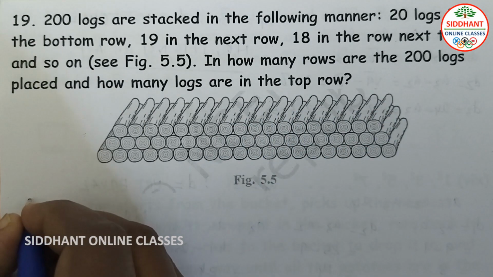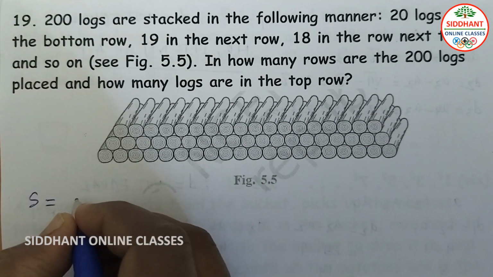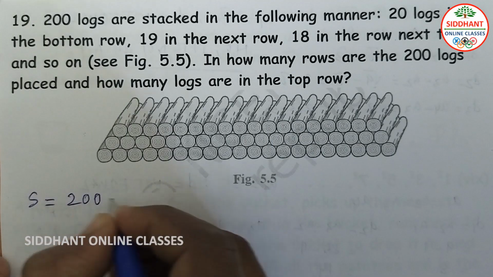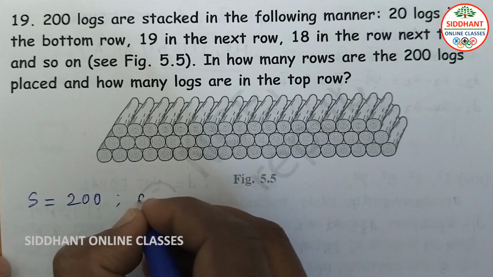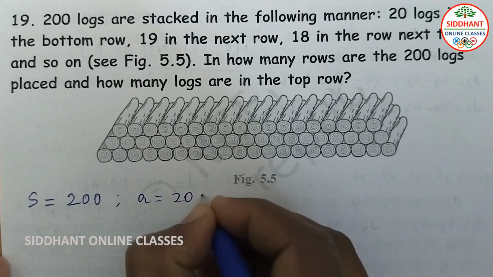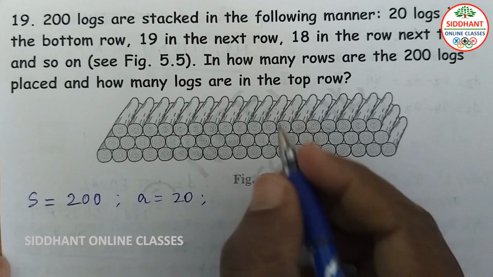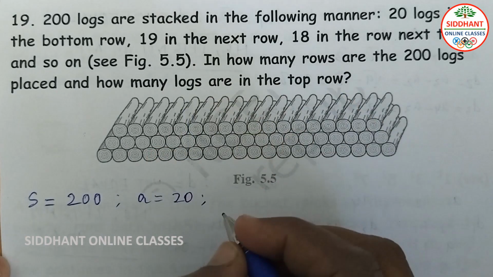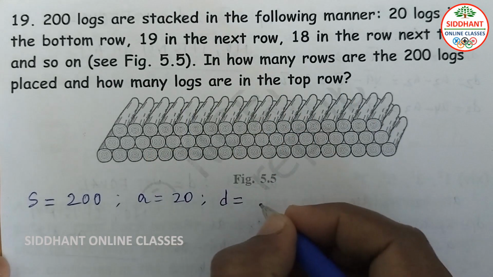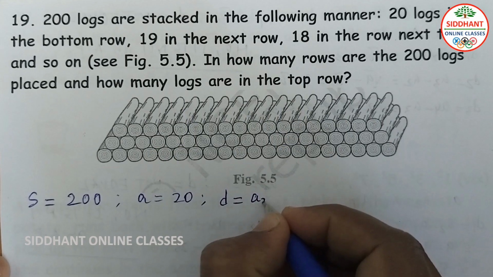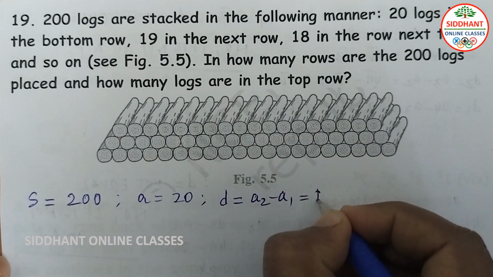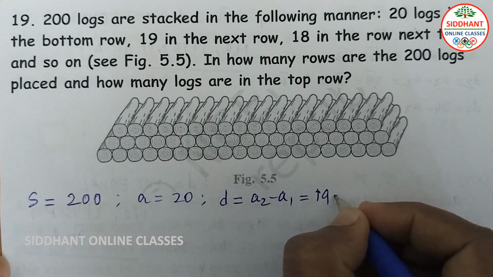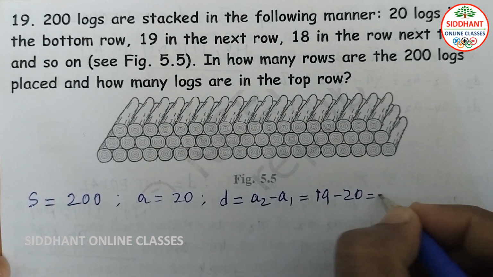So here the information given: the sum of logs is 200 here, and the first term is 20, that means A is equal to 20 here, and the second is 19, third is 18. That means the difference is a2 minus a1, so that equals 19 minus 20, that equals minus 1.